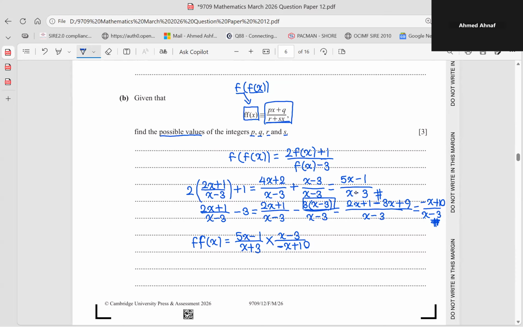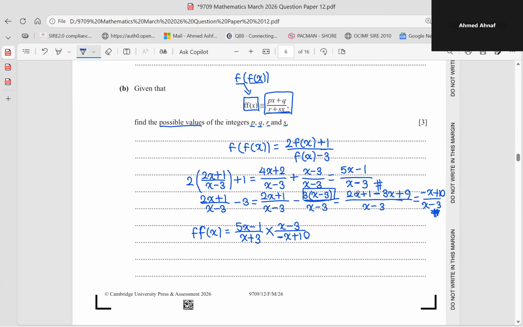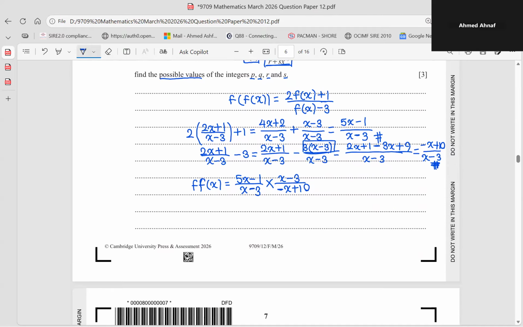Yeah, the denominator here is supposed to be minus. So sorry about that silly mistake. Okay, yeah, so now it makes things a lot easier.